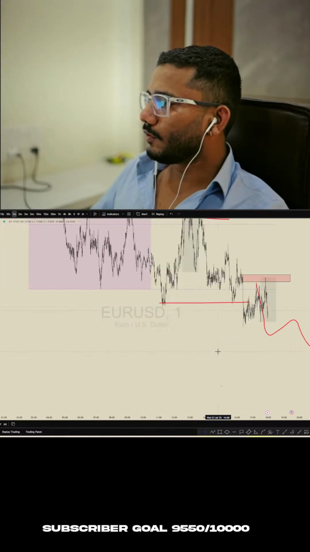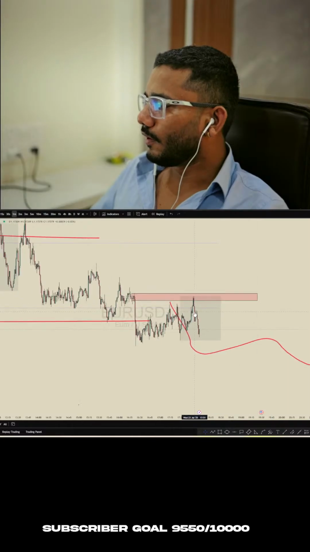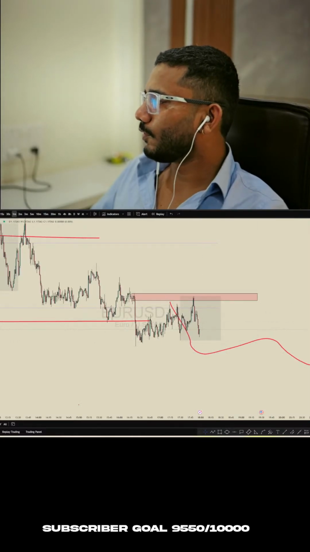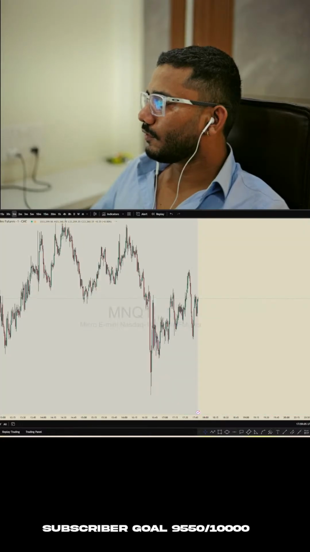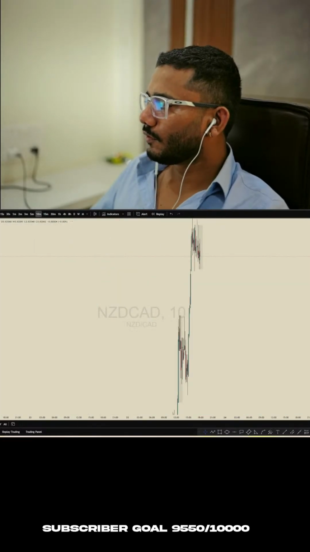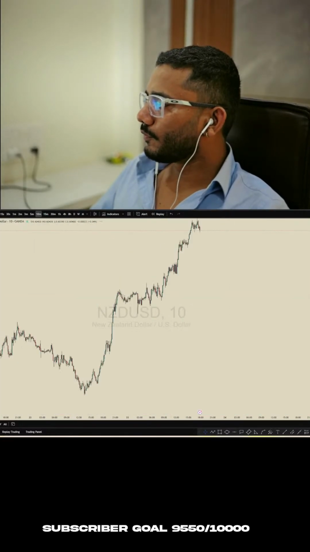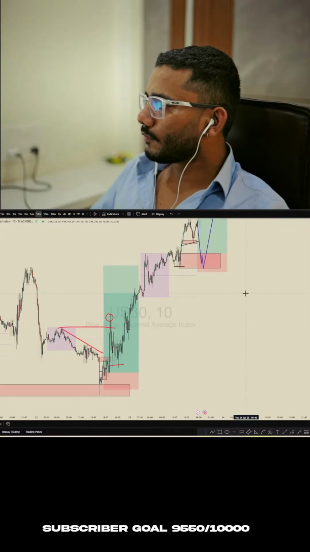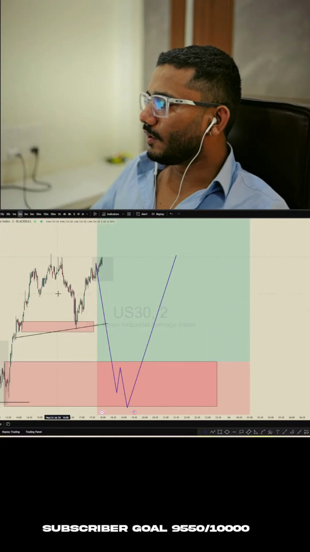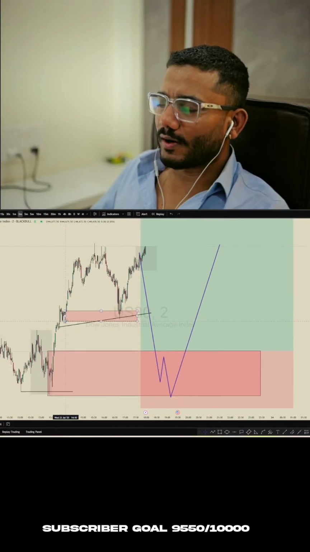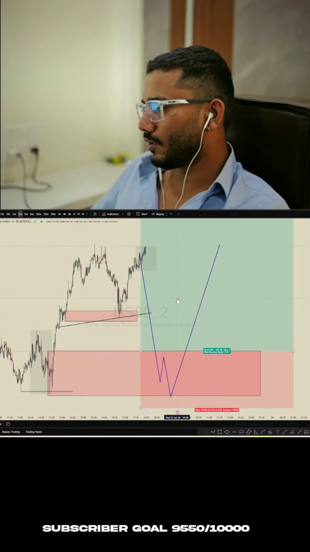As you can see on EU, price has reacted from this area and continued to the downside. On US side, it's continuing higher, but it's creating more trend line liquidity to the downside.